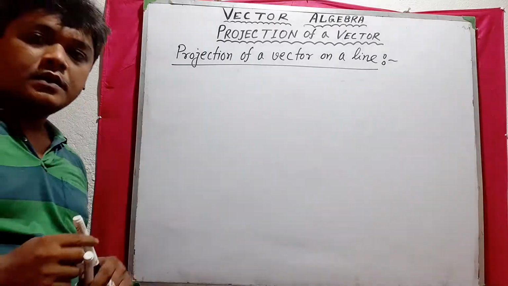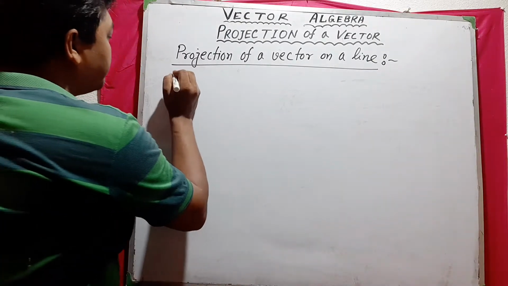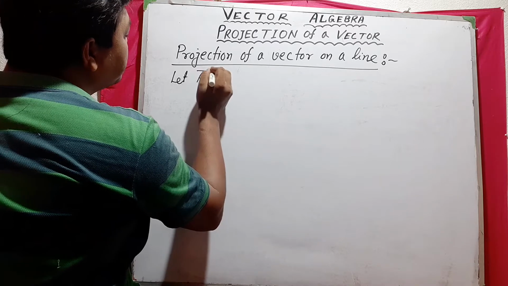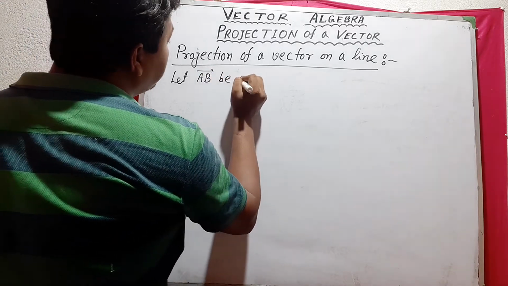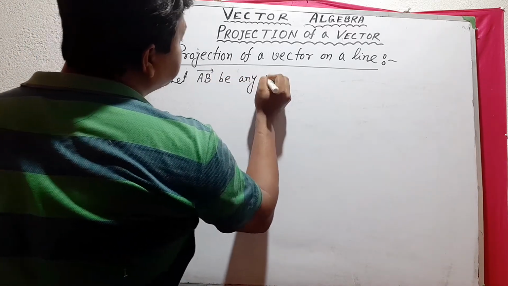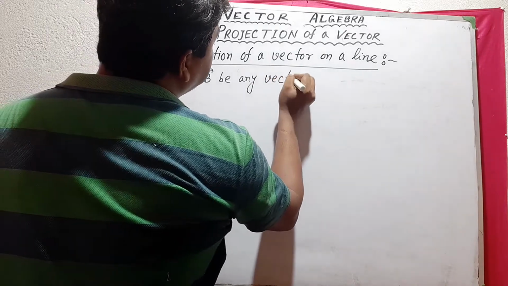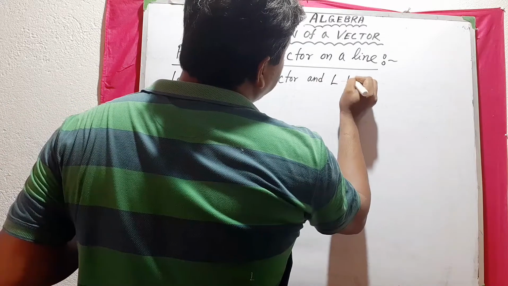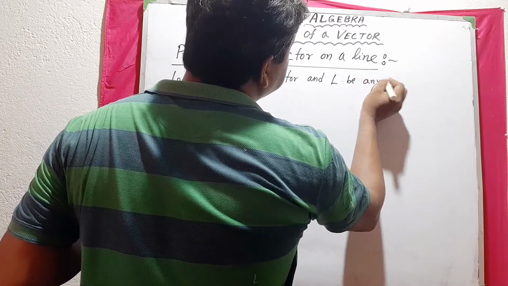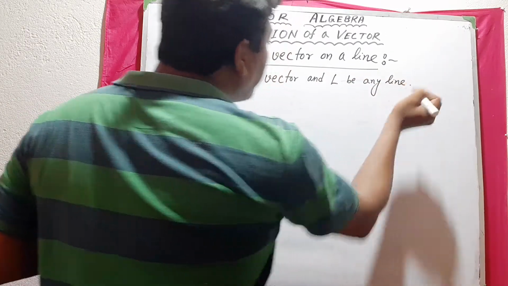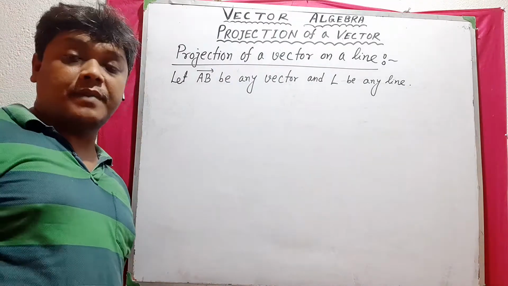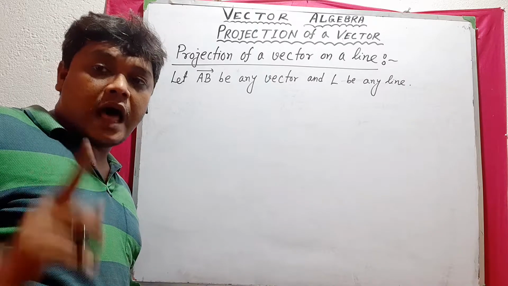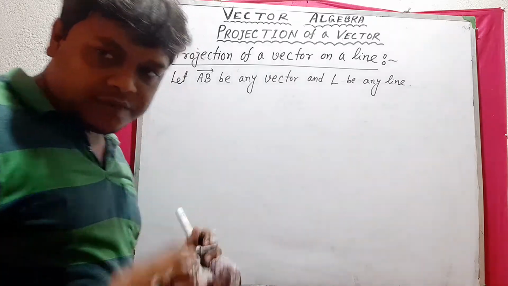Let AB be any vector and L be any line. Our goal is to determine the projection of AB on the line L. So first we draw the picture.